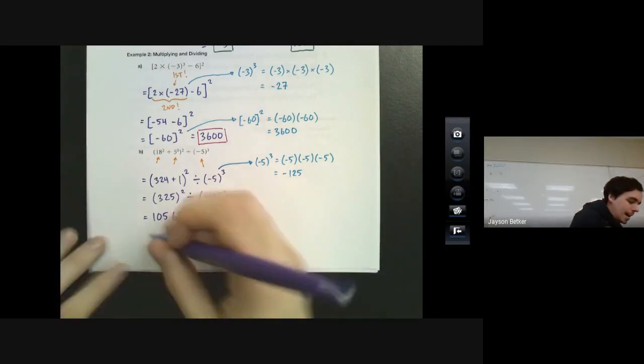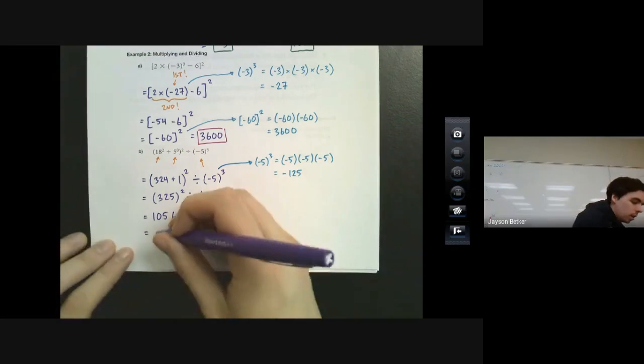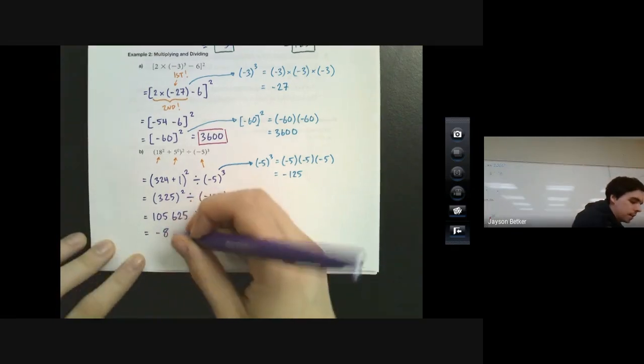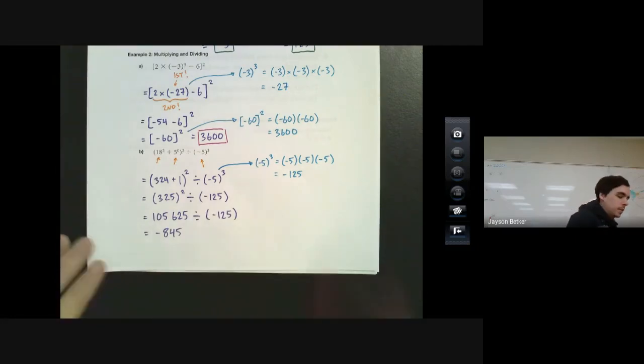And that's our last step. 105,625 divided by negative 125 gives us a final answer of negative 845. So there we have it.